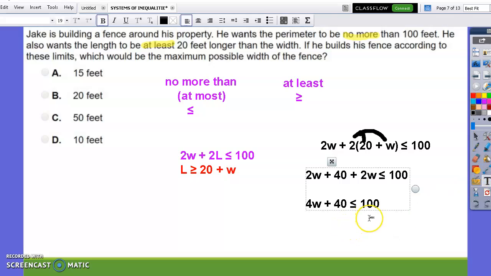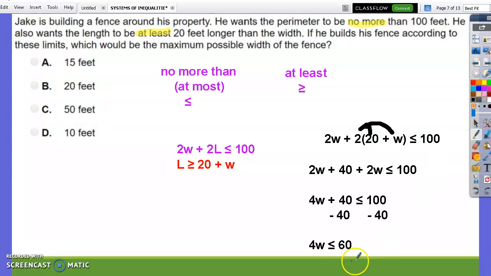Subtract 40 from both sides. Gives you 4W less than or equal to 60. To solve for 4W, you have to divide by 4. So we're going to take this, divide both sides here, this side and this side, by 4.